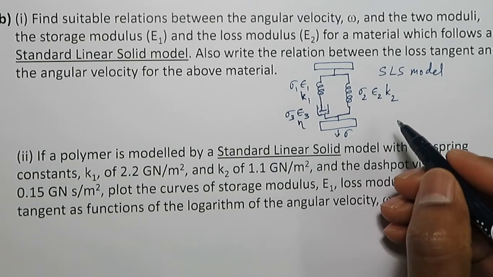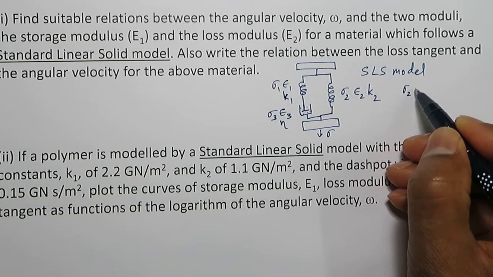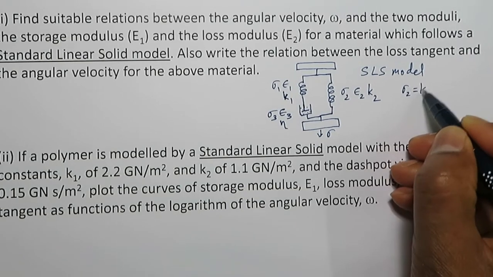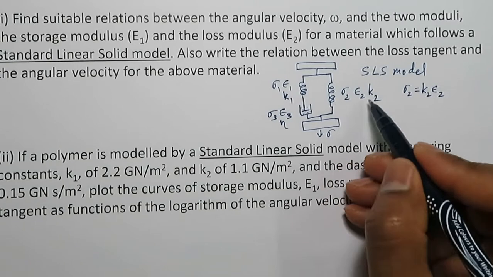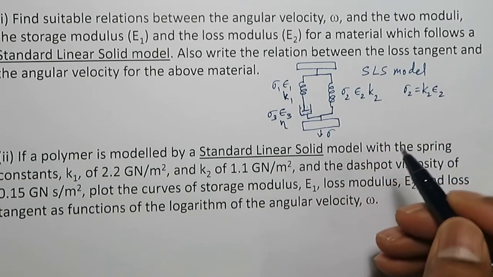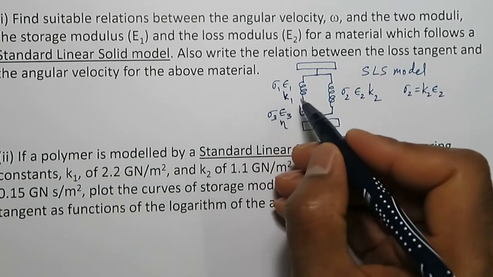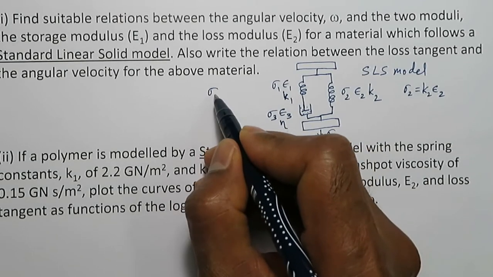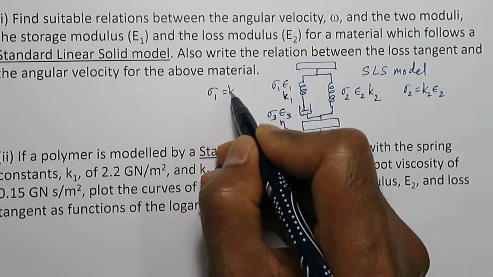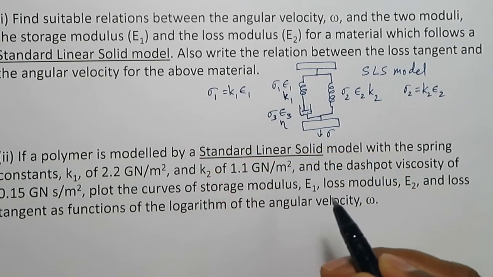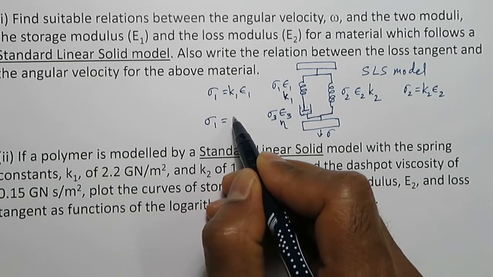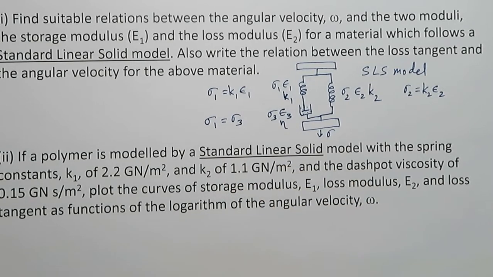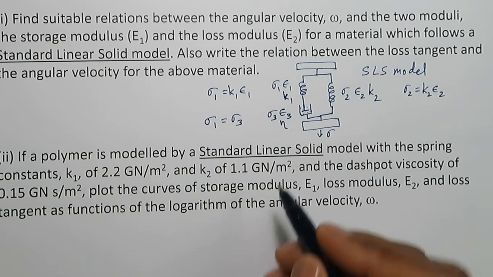Now sigma 2 is equal to K2 epsilon 2, for this spring. Also sigma 1 is equal to K1 epsilon 1, and sigma 1 is equal to sigma 3 because the stress in this component is the same.